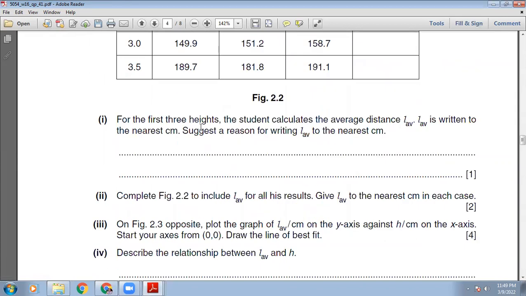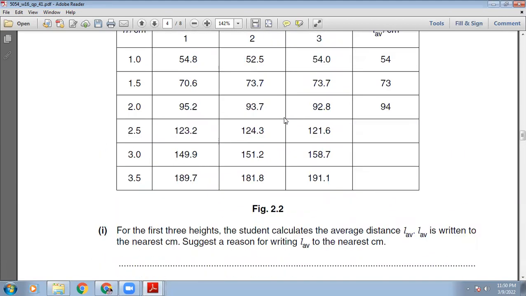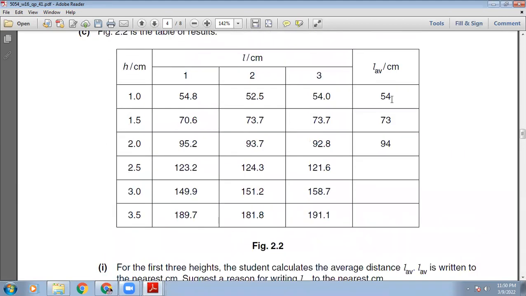He says, for the first 3 heights, the student calculates the average distance, L average. L average is written to the nearest centimeter. So just a reason why for writing the L average to the nearest centimeter. When he took the average, he just wrote the average up to a centimeter, not more than that.